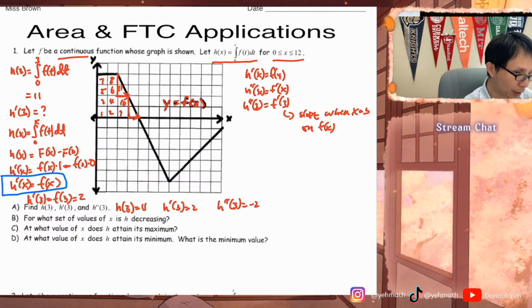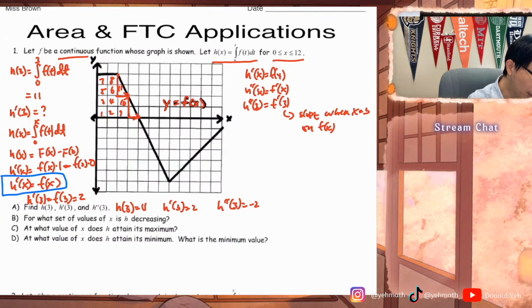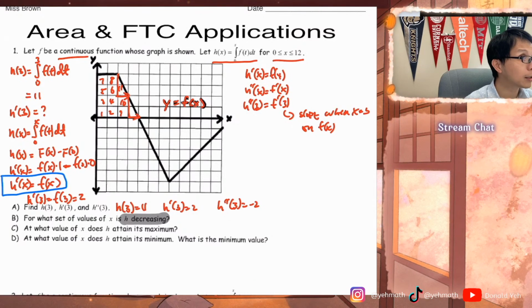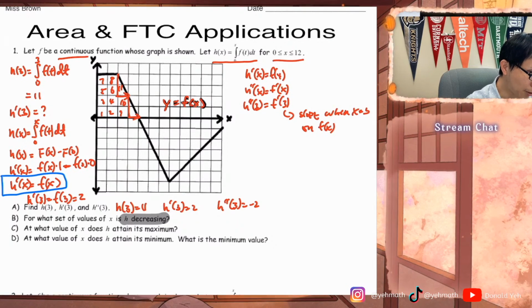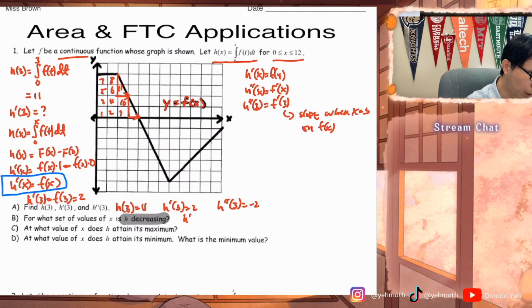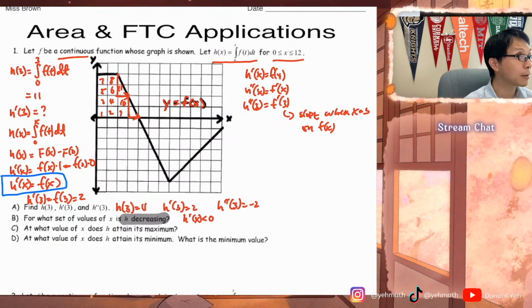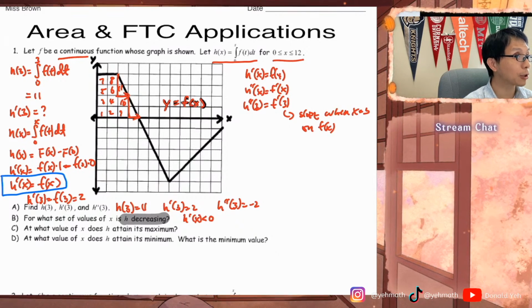Now, what I always do is think about what the question's asking. The question's asking for h decreasing. That means h prime of x is less than 0. Does that make sense? Because h of x is a function.